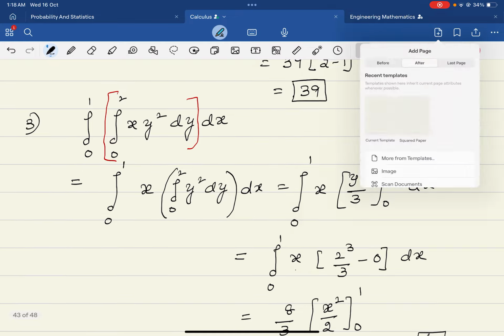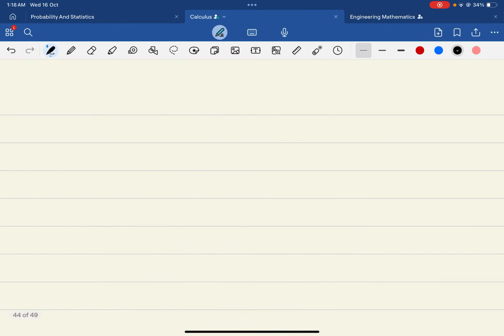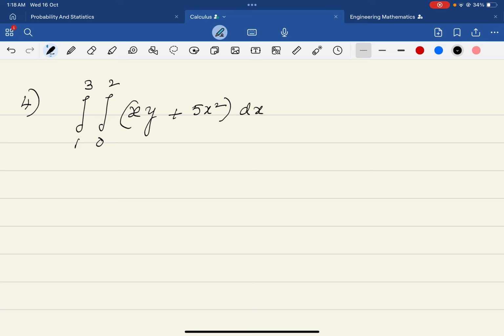So let us do one more problem like this, which has both functions now. Let us see the fourth problem. Suppose integral 1 to 3, integral 0 to 2, you have xy plus 5x square times dx dy. Then how to solve this again? First you have to put the brackets.